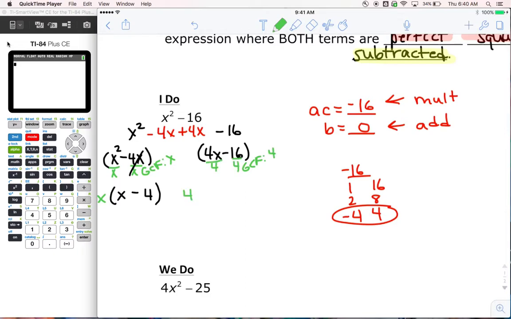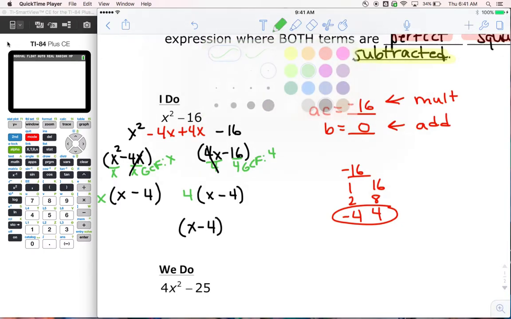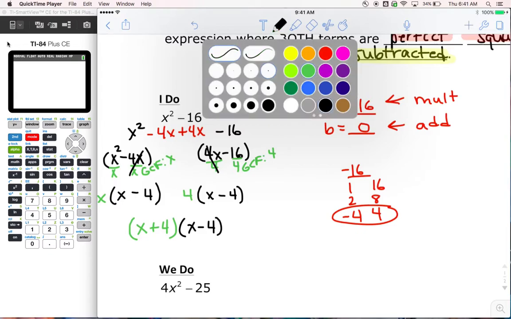And 4 goes out front of this group, and we are left with x minus 4. Now I've got these two groups that are matching, which is awesome. That's supposed to happen. So one of my groups is x minus 4, and my other group is my GCF terms, an x and a positive 4. And this is my answer.